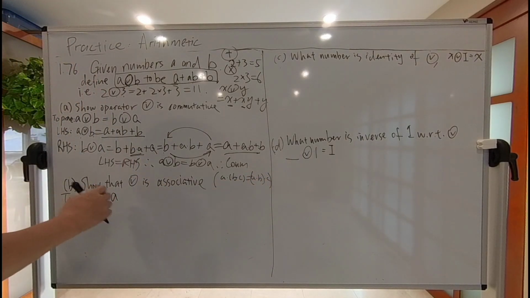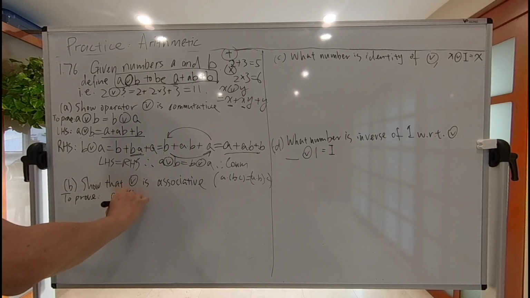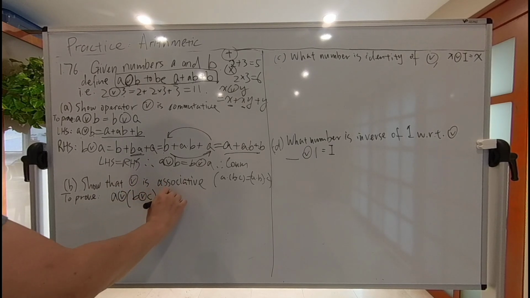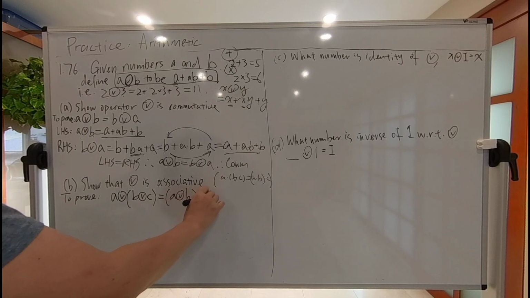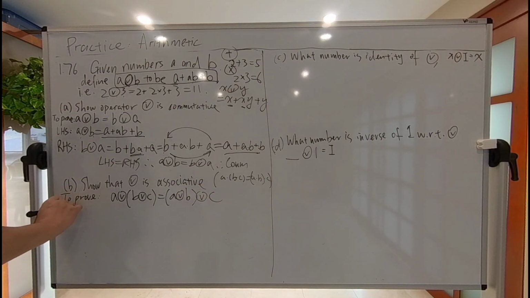So for this new operator, the associativity can be written the same way. We want to prove A operating (B operating C) equals (A operating B) first, and then C. So we'll start from the left-hand side.